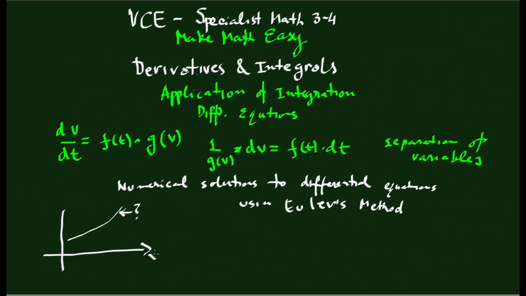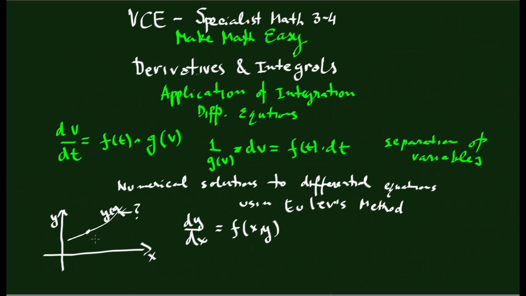So here you have the x-axis and you have the y-axis, but what you do know is the first differential of that curve. So if you know the first differential of that curve, and that being f of x and y, then you can find the approximation.